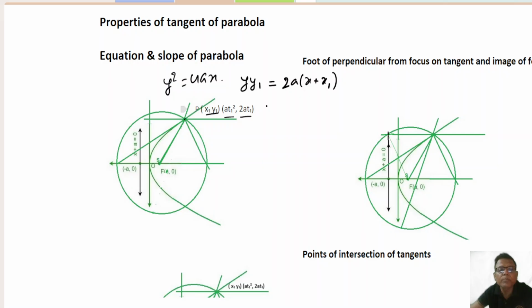So what is the slope? y is equal to 2a divided by y1 times x plus 2a x1 by y1. So this one is the slope.